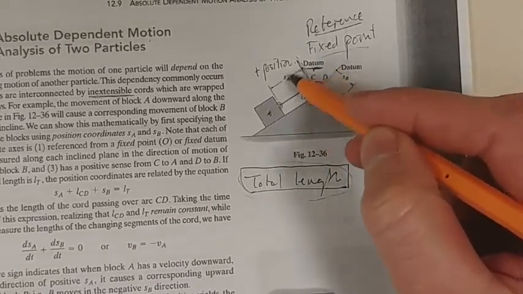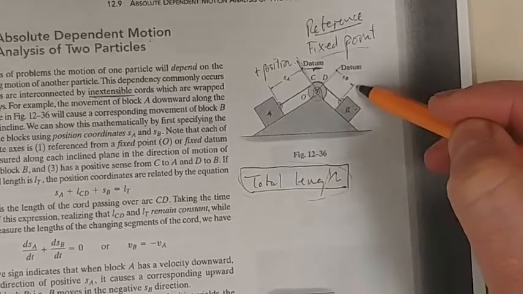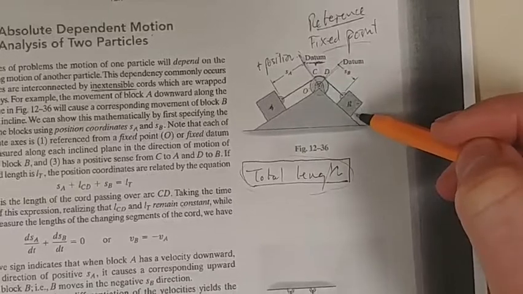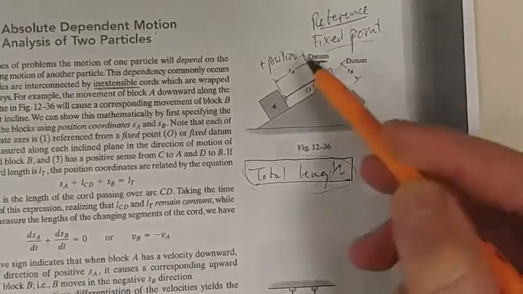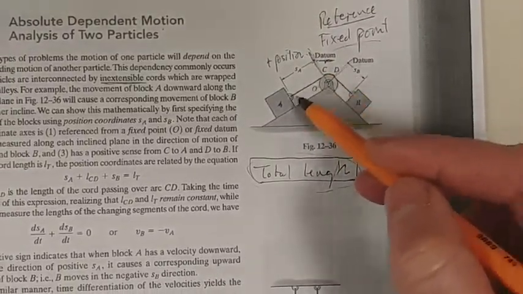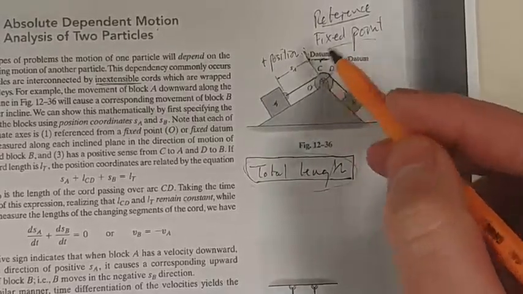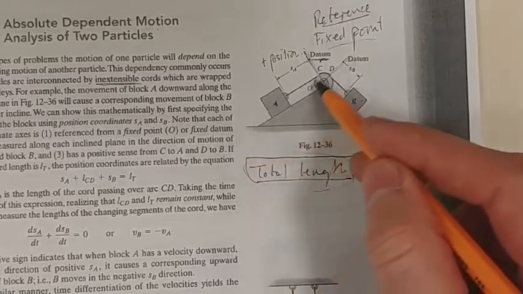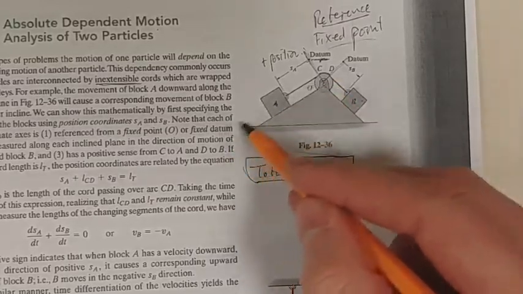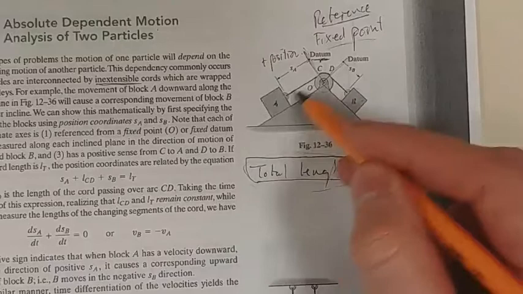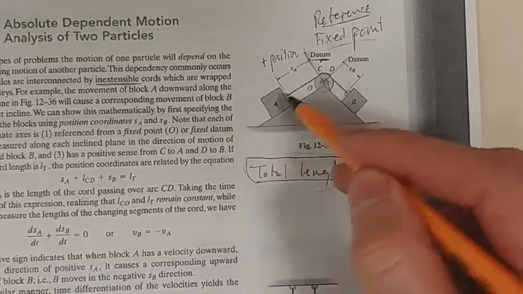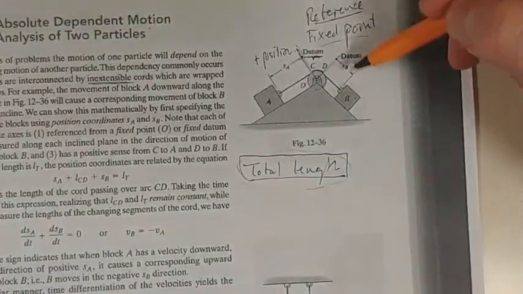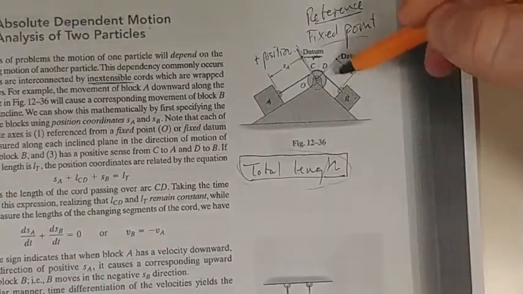We define the position of block A. We define the positive positions of both blocks, A and B. And recall, if you were in the class, that the position needs to be directed along the direction of motion. So this block is moving in this direction, so the position needs to be along that direction. This block is in this direction, so this position needs to be in that direction.